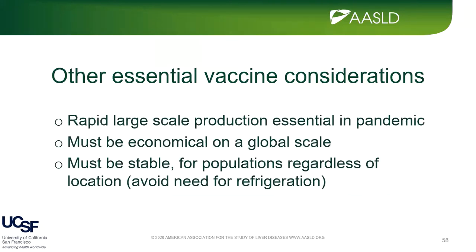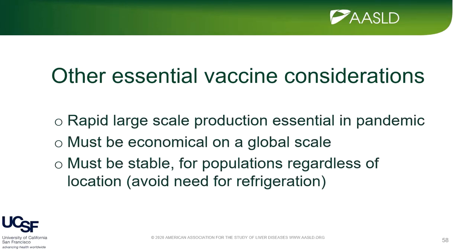So there are other essential vaccine considerations, especially right now in a pandemic. The vaccines that we need immediately absolutely need to be able to be produced at large scale and very, very rapidly. We need billions of doses of SARS-CoV-2 vaccines. Similarly, they need to be economical. When we need hundreds of millions to billions of doses, we can't afford to pay hundreds of dollars per dose, and so they have to be economical.